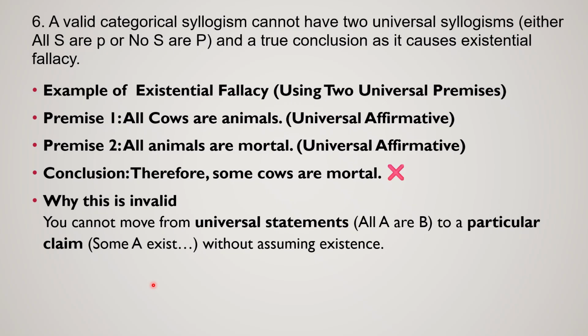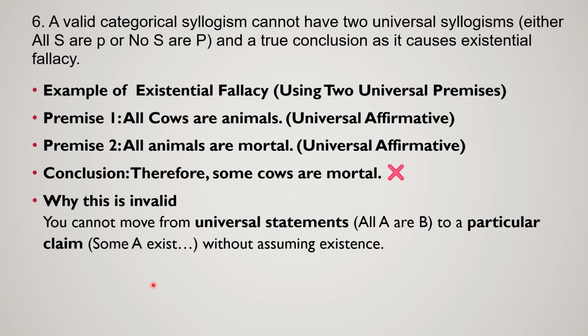Remember in the first episode, and this is a reminder, if you have not watched the first episode, it is good you go back first, so that you familiarize yourself with what a universal proposition is. They are the ones that take the form of all S are P or no S are P, that is, all subject are predicate or no subject are predicate. So this existential fallacy occurs when you use two universal premises and then the conclusion is particular.